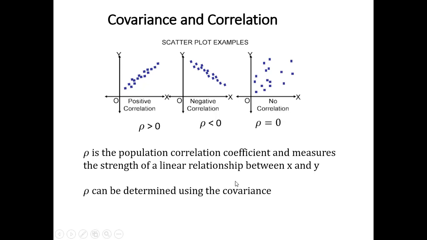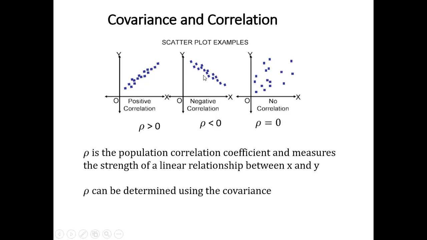Okay, so a couple of other items that are a byproduct of expectation are related to covariance and correlation. You probably learned somewhere along the road that if you look at X and Y pairs, you might say that X and Y are positively correlated if the scatter plot looks like this.